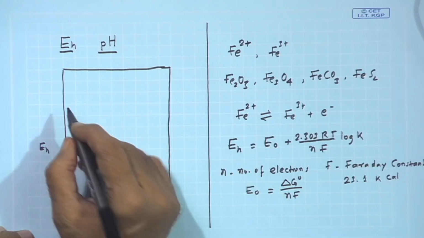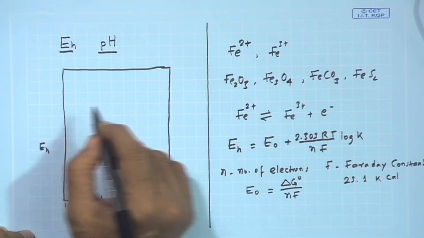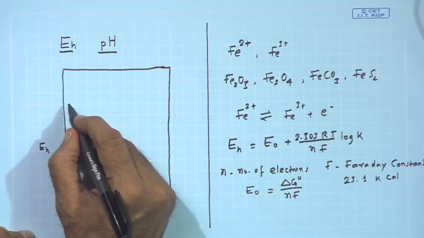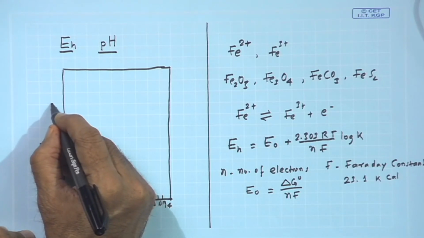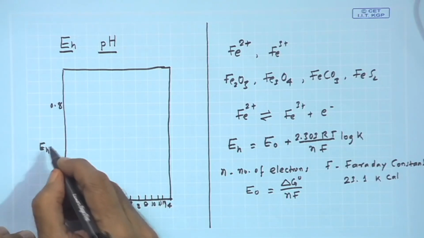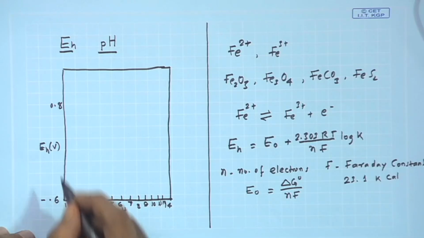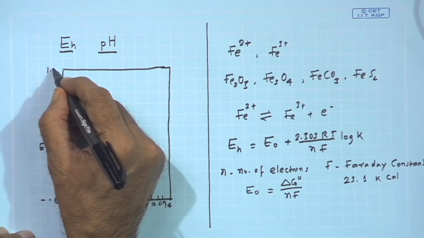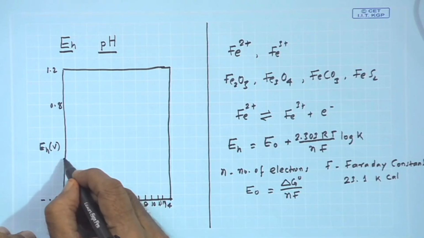So by working out these kinds of reactions, like the one I mentioned here, I will first draw the rough boundary as it looks. The Eh would be somewhere within about 0.8 volt, coming from almost minus 0.6 to 1.1 or 1.2, and this is the Eh-pH diagram.